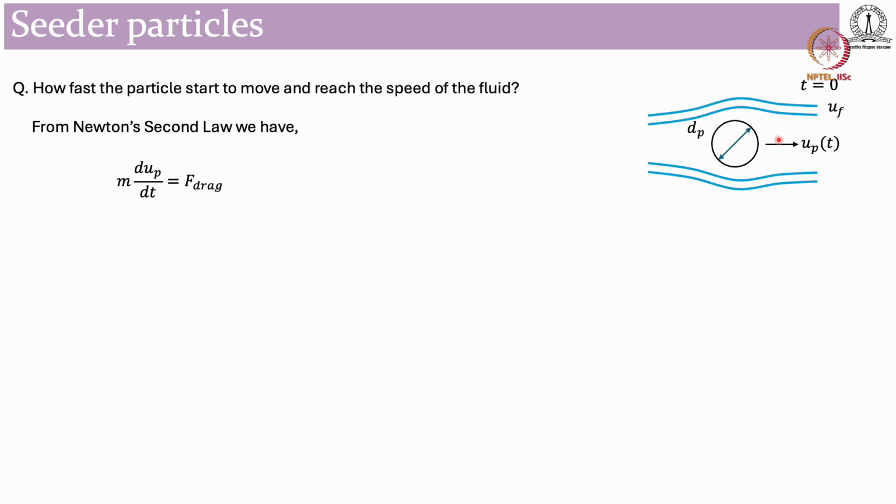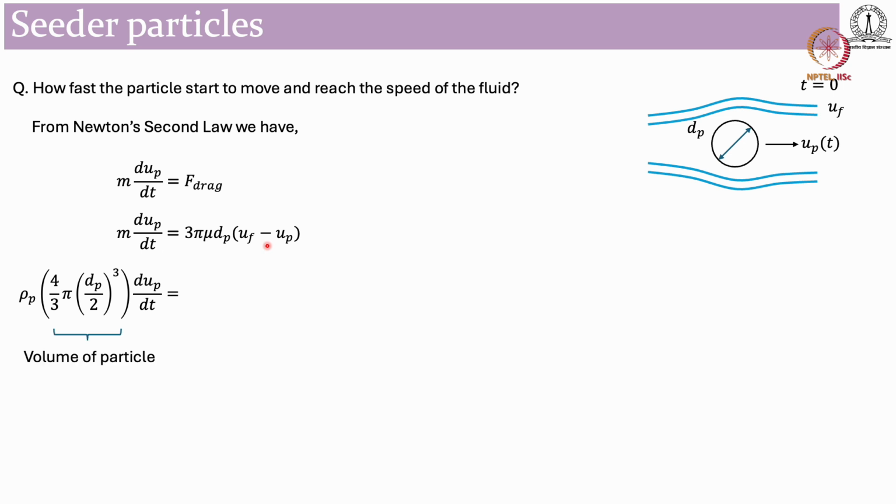If it is moving at some speed and the fluid is moving at some different speed, there will be a relative velocity between them, and because of that there is a relative drag. Now this drag force can be assumed to be the Stokes drag here, and we can write it as 3 pi mu of the fluid times the particle diameter times the relative velocity term, uf minus up.